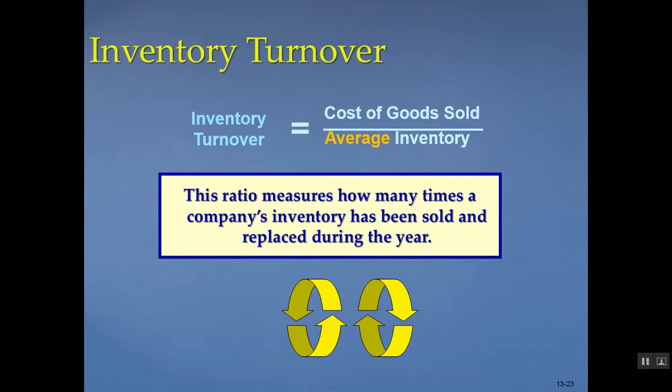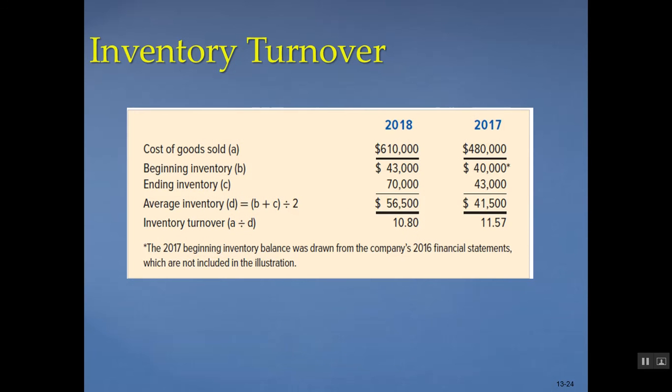We're looking at similar ratios for inventory. First is the inventory turnover, which looks at how many times a company's inventory has been sold and replaced during the year. It's the cost of goods sold divided by average inventory. Generally, a higher turnover indicates that merchandise is being handled more efficiently. Trying to compare firms in different industries, however, can be misleading.